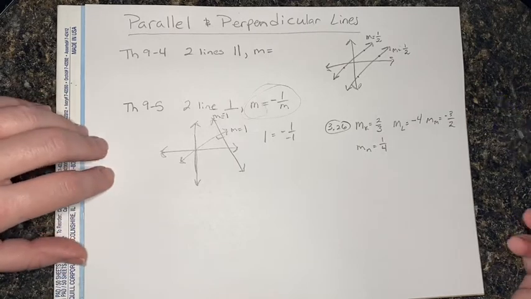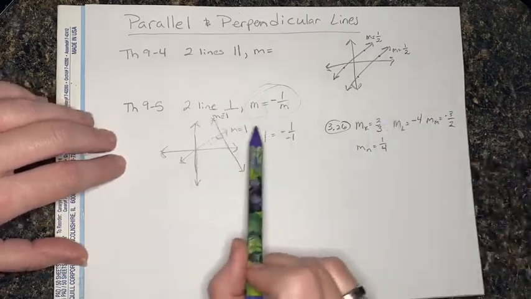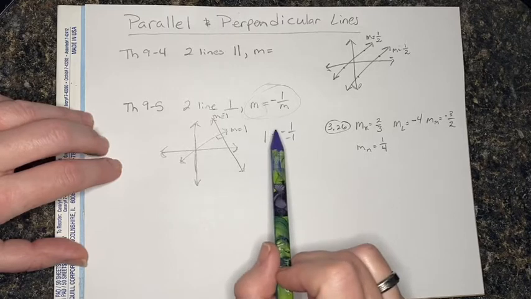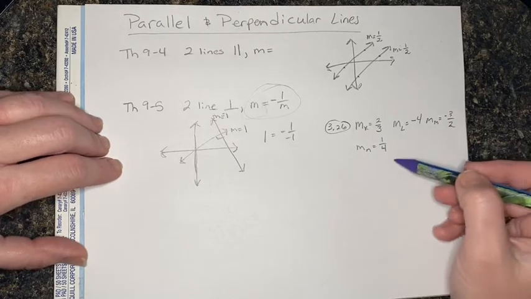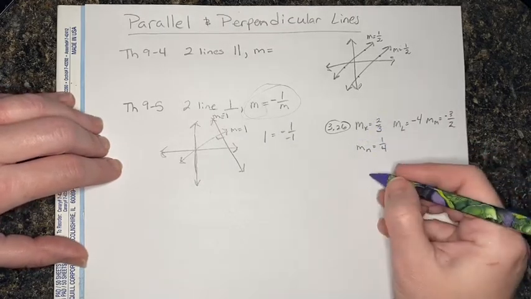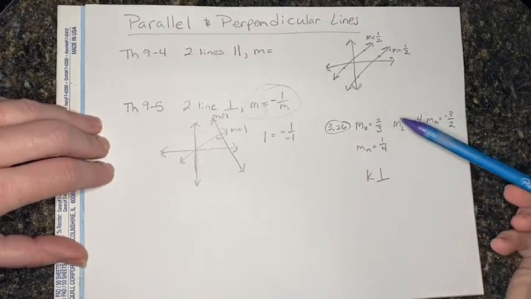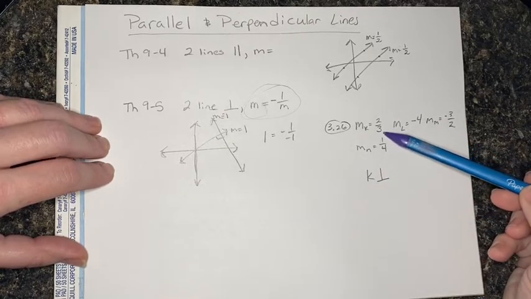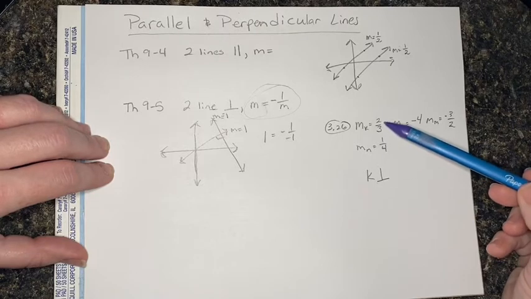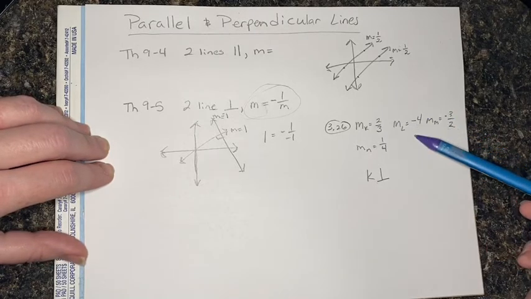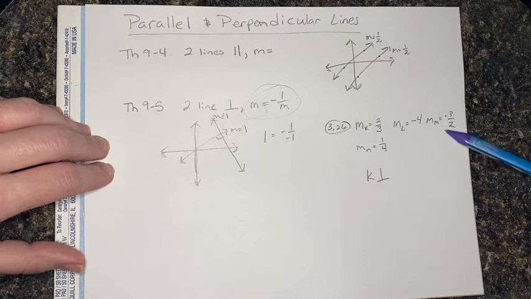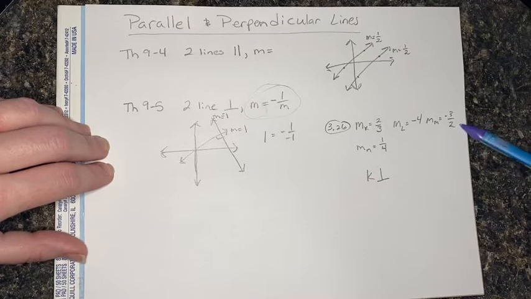Remember, when we're talking about perpendicular, we need opposite reciprocals. So let's take a look at line K. Is K perpendicular to anything? Its slope is 2/3. We need an opposite reciprocal. Well, 4 doesn't fit the bill. But line M is definitely the reciprocal and the opposite.